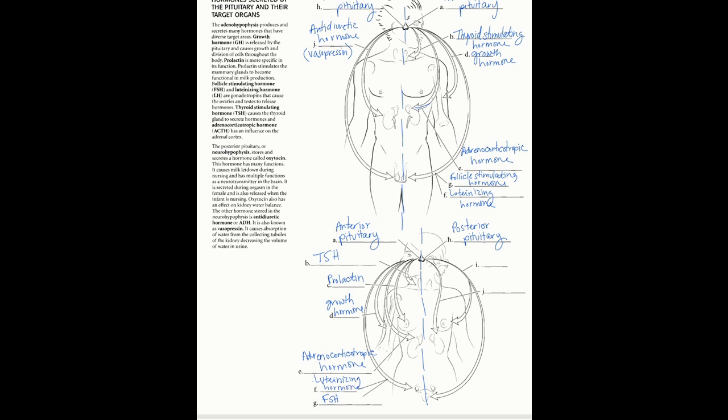And then if we look at posterior pituitary, we still have vasopressin to focus on the kidneys, but we have a new hormone which you may have heard of called oxytocin, which is going to function on the lacteals or lactation ducts, as well as the cervix of the female.